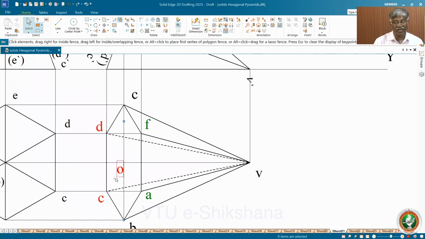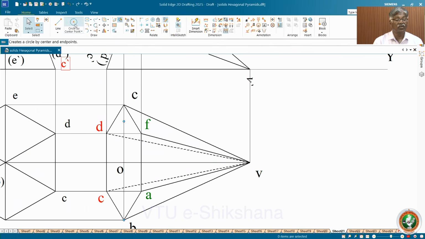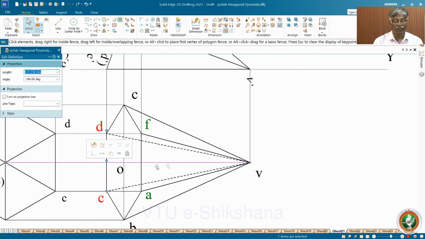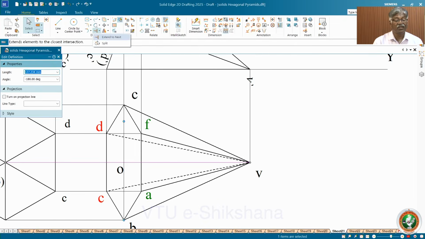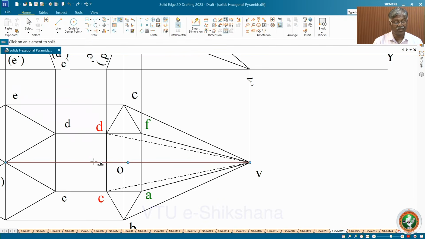Then what is the axis position? Is there any scope for axis? Definitely there is full scope for axis representation, O to V. So select this axis. Here the complete line is there, better to split this. So go to split. Sometimes you may get some trouble, but otherwise you can do it.